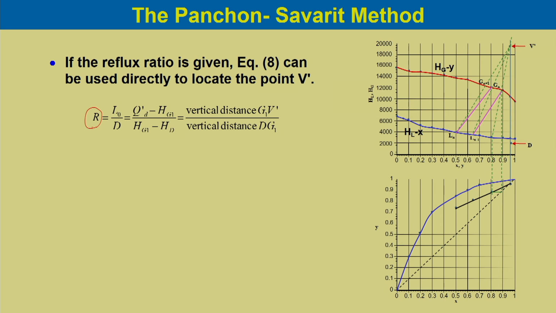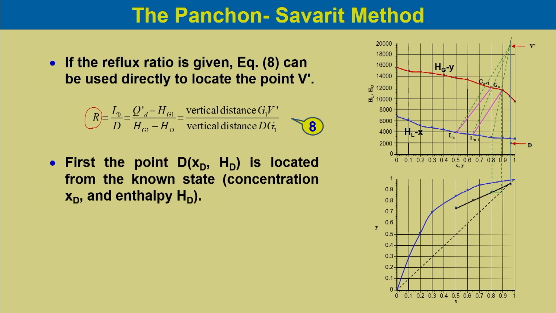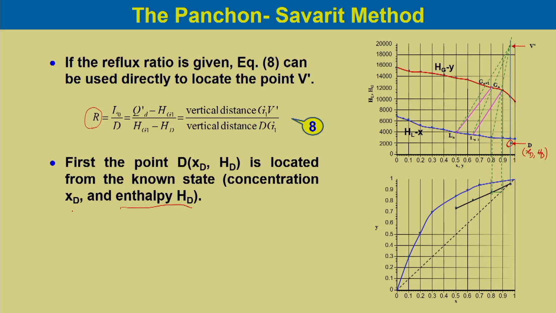If R is given, this is equation 8, the first point D, that is xd, hd, this point, is located from the known state concentration xd and enthalpy hd, because this is the outlet or the distillate taken out as the top product. So, its composition and enthalpy are known.